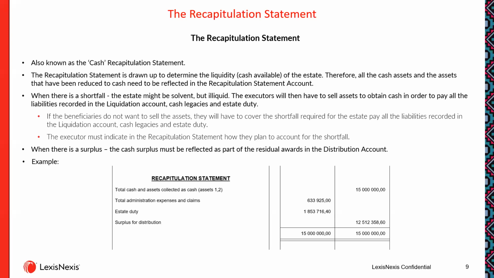We also just have an example of our recapitulation statement. You'll see we just total all of our cash assets, and then we less all of our expenses and our estate duty, and then we either have a shortfall or a surplus available for distribution that will be dealt with in our distribution account.